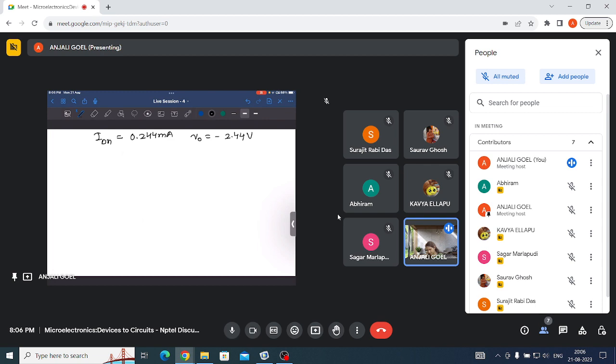Now the same output will be observed when your Vi is equals to minus 2.5 volt. In this IDP equals to 0.244 milliamperes and V out is equals to 2.44 volt, and your Qn will be in cutoff and QP will be in triode region.